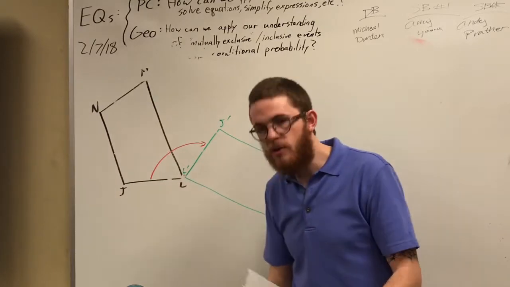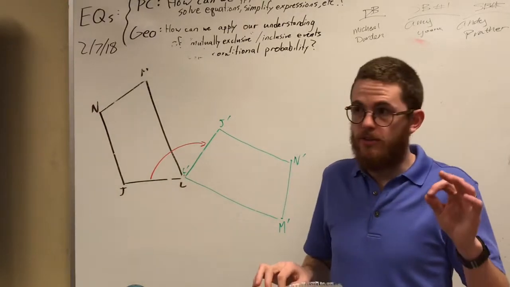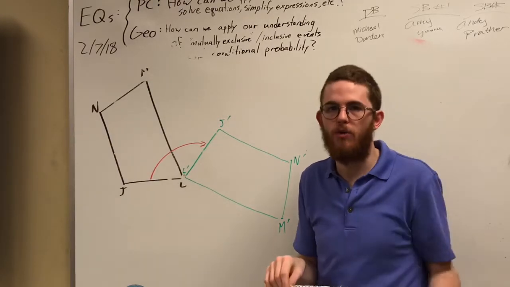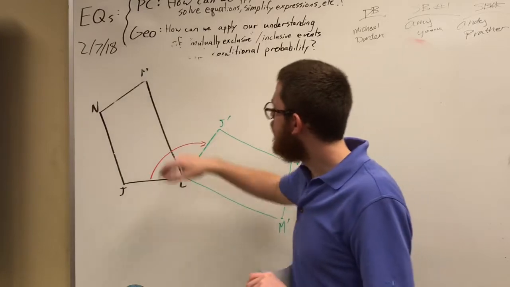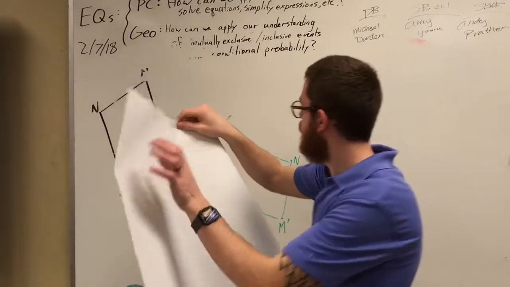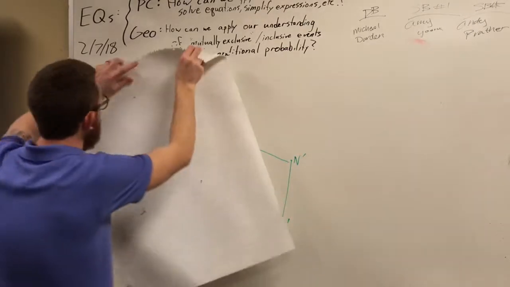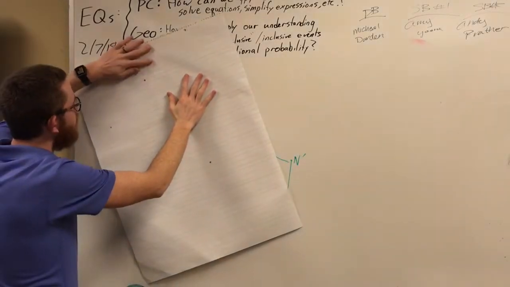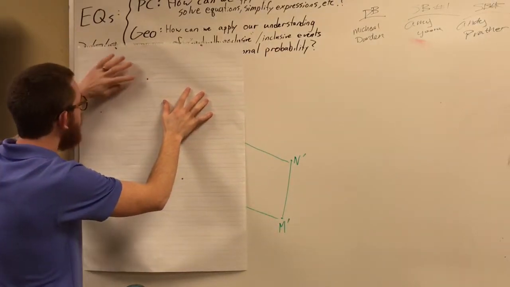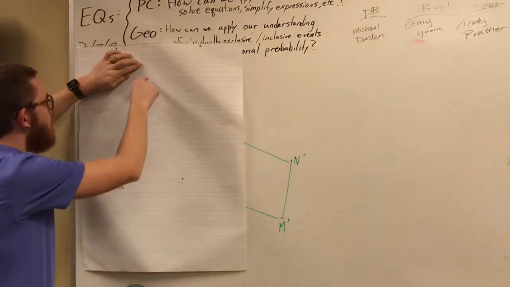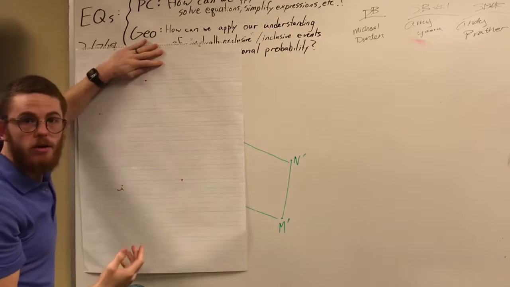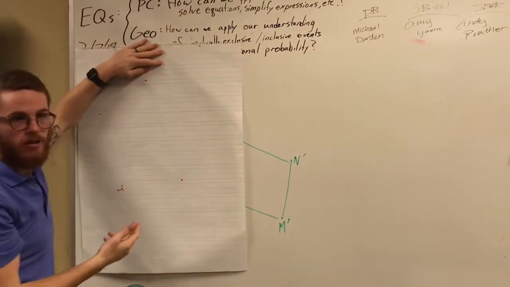One thing that we can use is the idea that a rotation is an isometry. It is preserving congruence. So you could take that original figure, just like I did here, and you could essentially trace it. What I did is I took this piece of paper and just plotted a point where each of these vertices are.